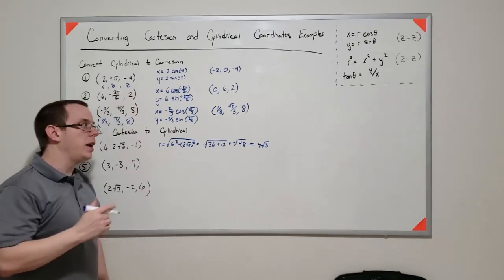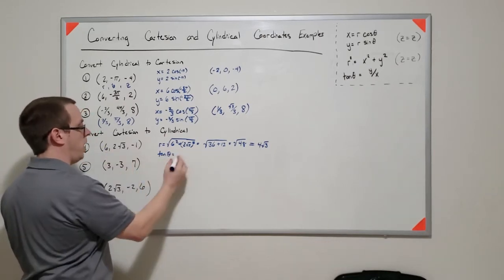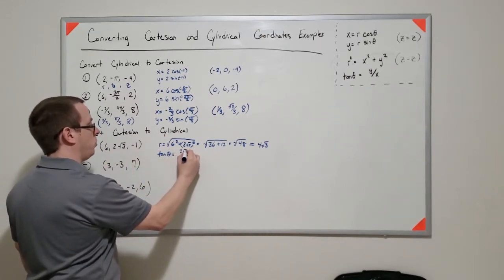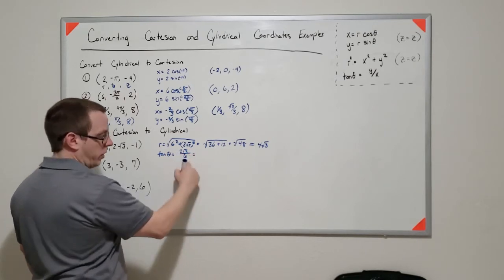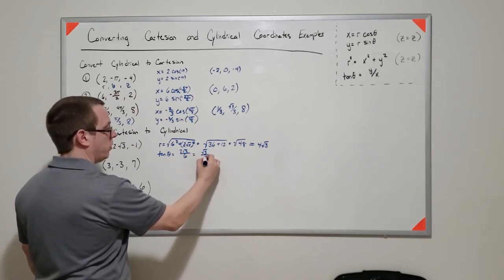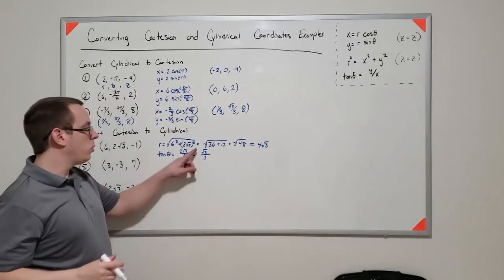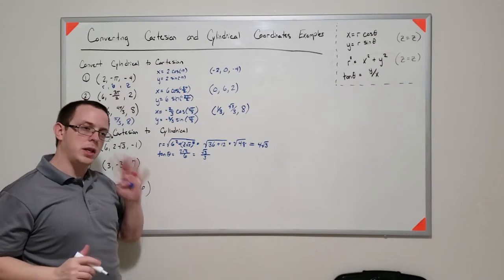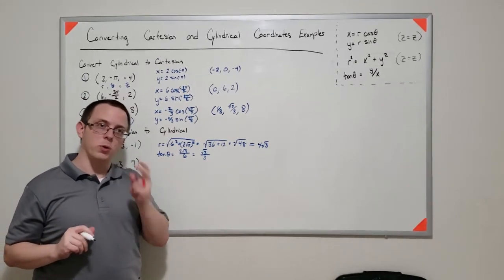And then we have to find out what tangent of theta is. Well, tangent of theta is y over x. So it's 2 root 3 over 6, which if we divide is square root of 3 over 3, which you may remember is the case where theta is pi over 3.